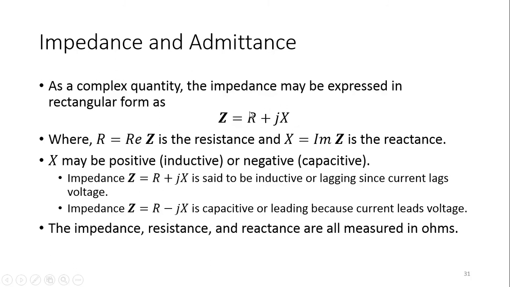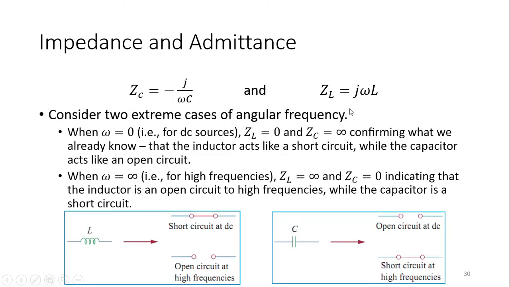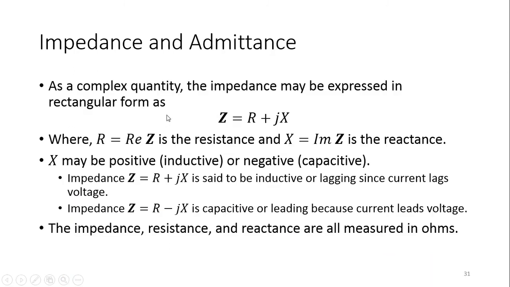The real part is resistive, whereas the reactive part is due to the capacitor or inductor. X can be positive or negative. Positive for inductive loads, as we can see from the previous relationship. For inductive loads, the reactance value is positive, whereas for the capacitive case, the reactance value is negative.